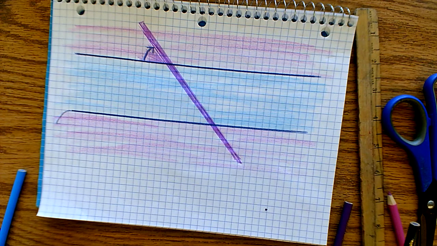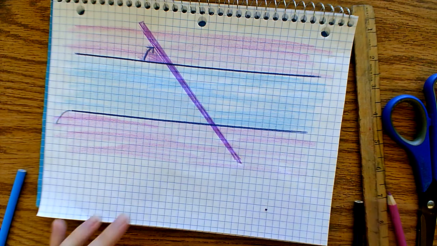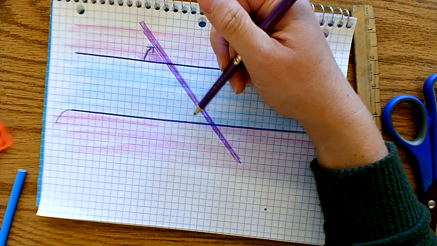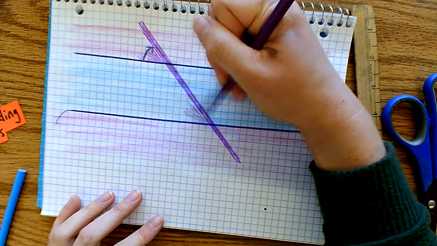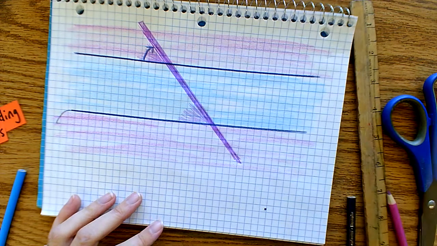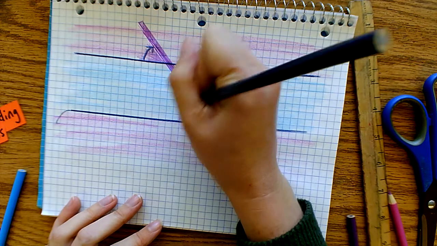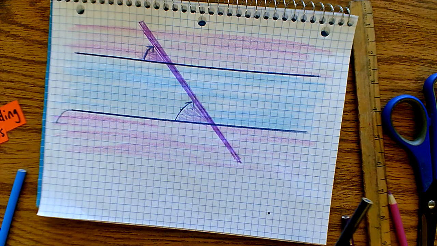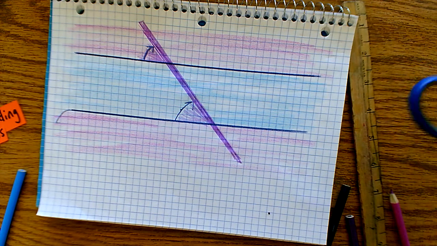So now, can you color the amplitude of a corresponding angle with the same color? Well, if I remember what corresponding angles are, I remember that this is an example of a corresponding angle. So now I'm going to compare some sizes. You could use a protractor, but I'm going to get out some other materials for a different fun way.